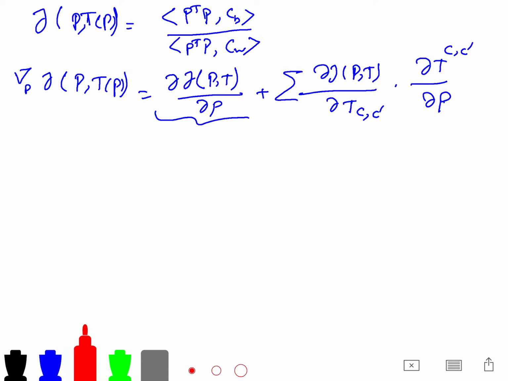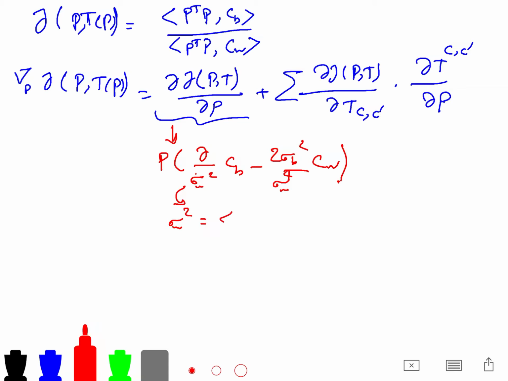And this one, you can prove that this is P sigma 2 CB minus 2 sigma B2 sigma omega 4, some math things here, and CW2 is just the inner product of CW, and CB2 is the inner product of CB. So that term is easy.